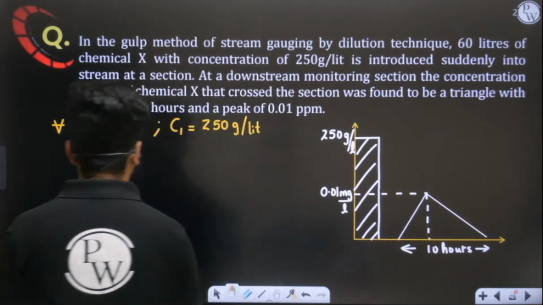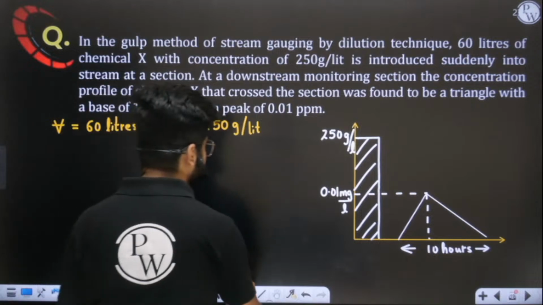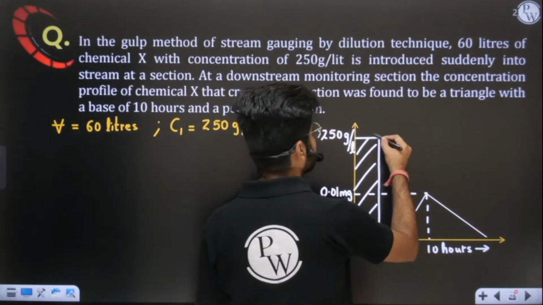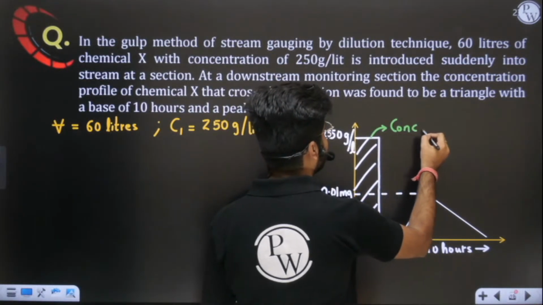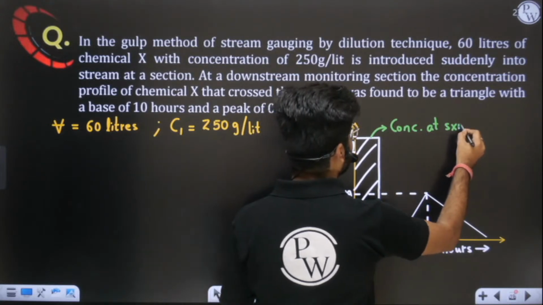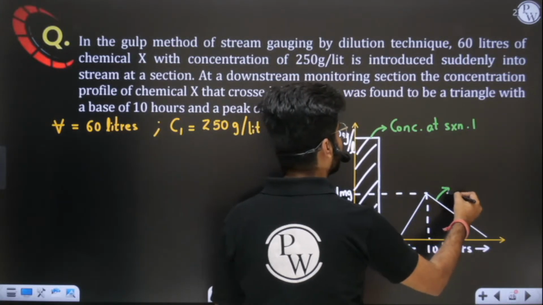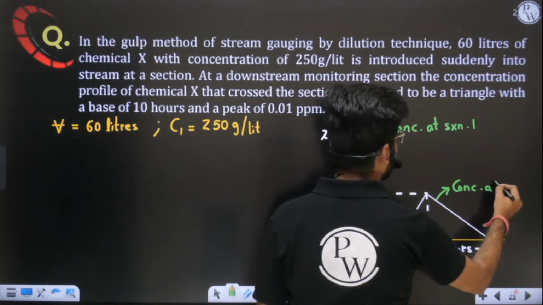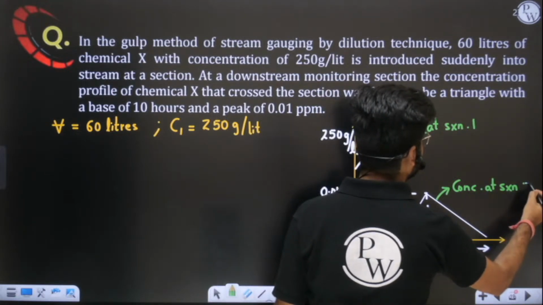Now, sir, if I want to find discharge, you need to understand one thing. This is the graph for concentration at section 1, and this is the graph for concentration at section 2. Understood?